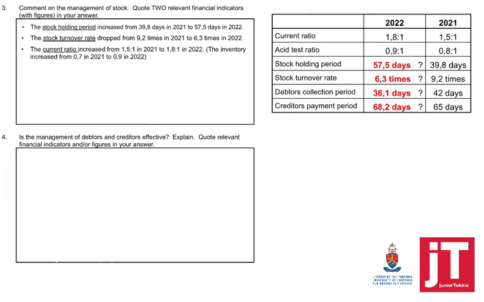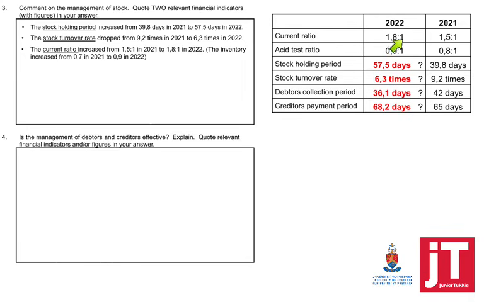If we look at the current ratio, the current ratio increased from 1.5 to 1.8 in 2022. The inventory, if we're specifically looking at that, increased from 0.7 to 0.9. How do we get those inventory figures?